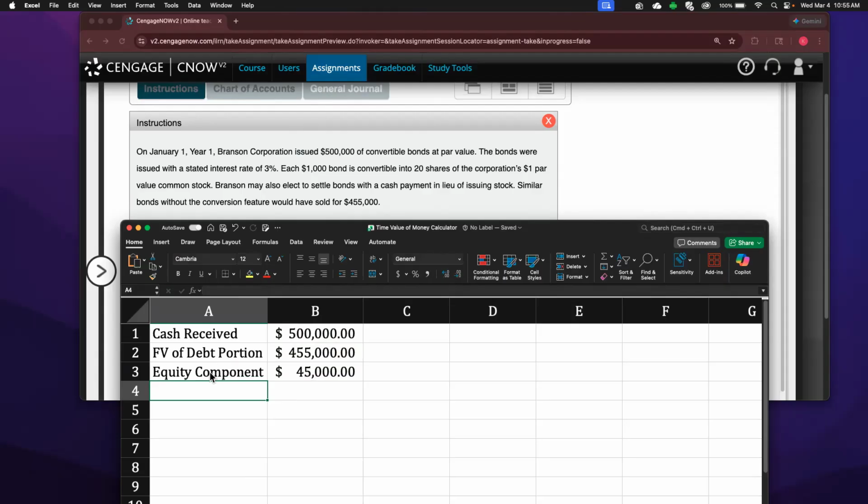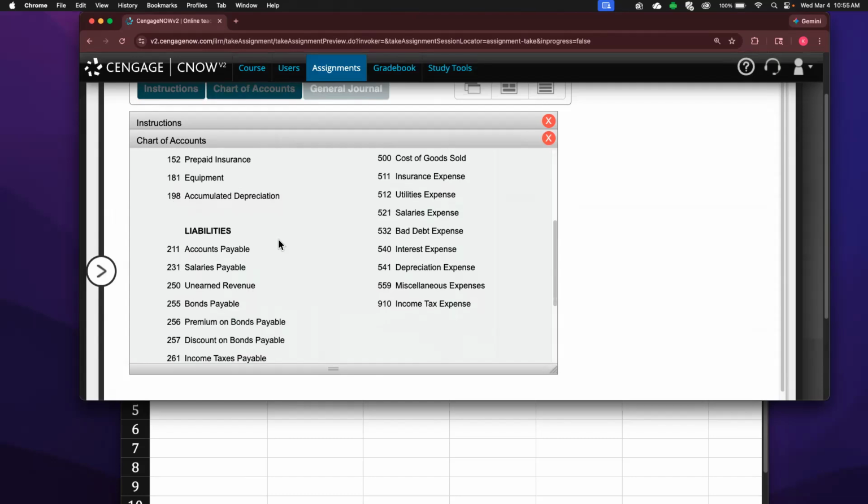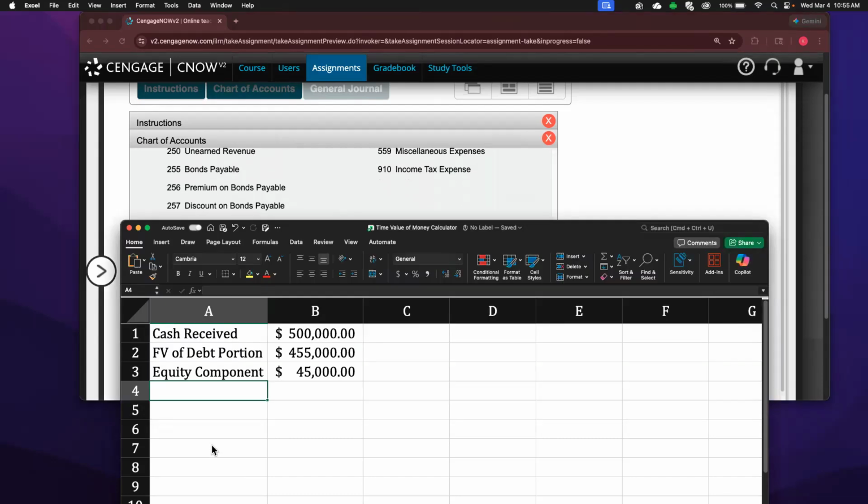That 45,000 is going to be recorded in additional paid in capital conversion features when we get to recording our journal entry. So bonds were issued for 500,000 cash, but the debt portion is only worth 455,000.